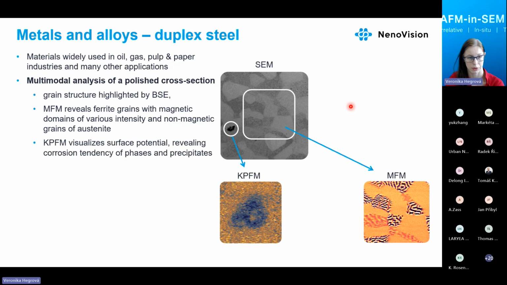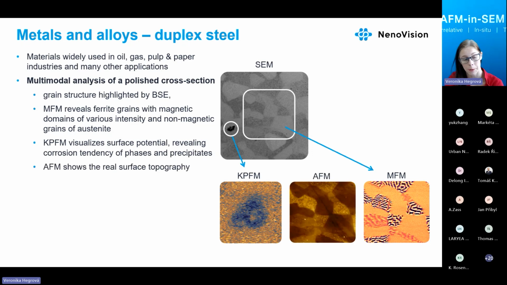KPFM visualized a surface potential map and revealed the corrosion tendency of phases and precipitates, and some impurities can be revealed quite easily.